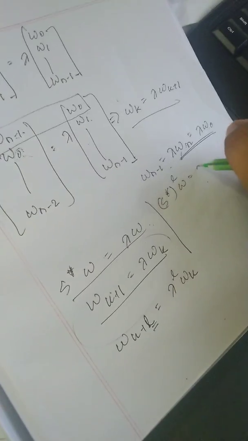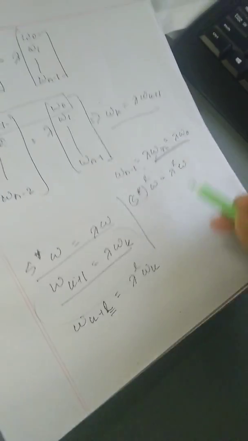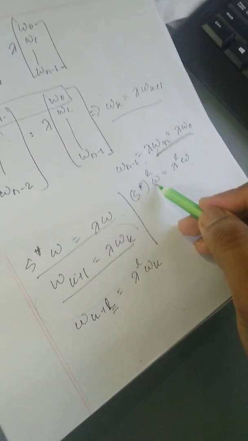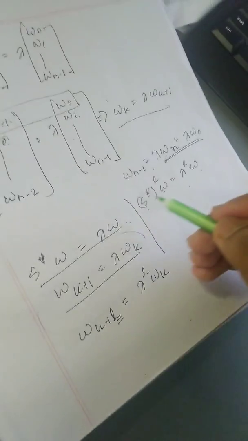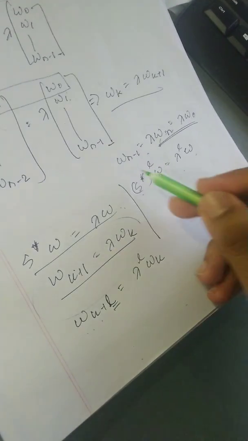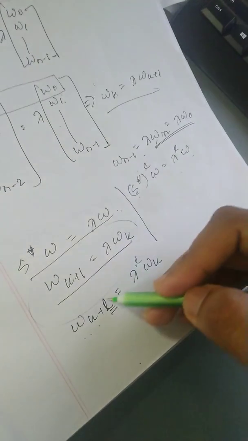So let's write down the eigenvector eigenvalue relation. We are multiplying S conjugate l times with the vector w, so we are actually left shifting the w vector l times, and that's why there's k plus l.